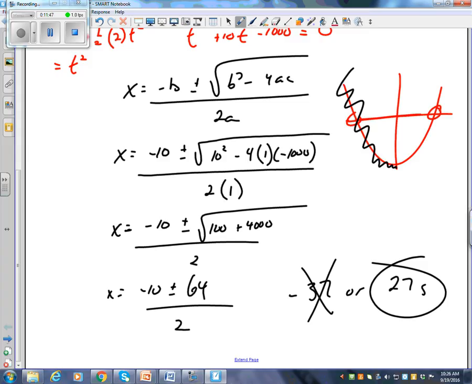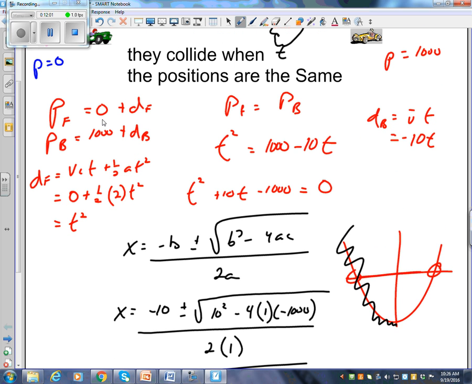What if I asked you, where do they collide? Could you do that now? Why not now? You just assume you couldn't do it. Could you figure out where they collide? Sure, their position is equal to 0 plus df, which is t squared.